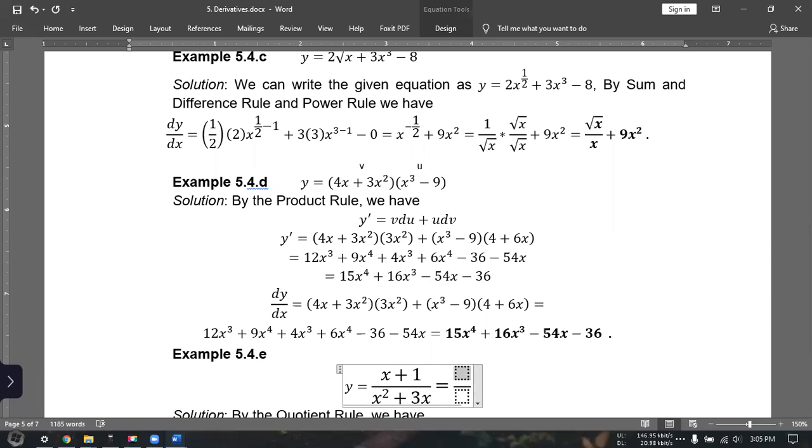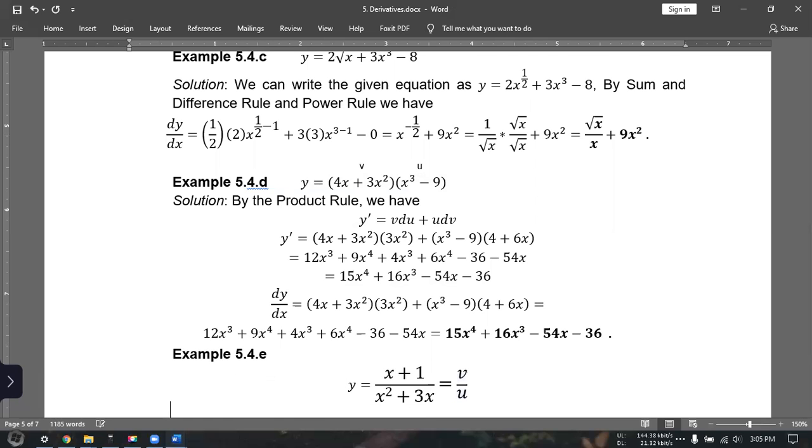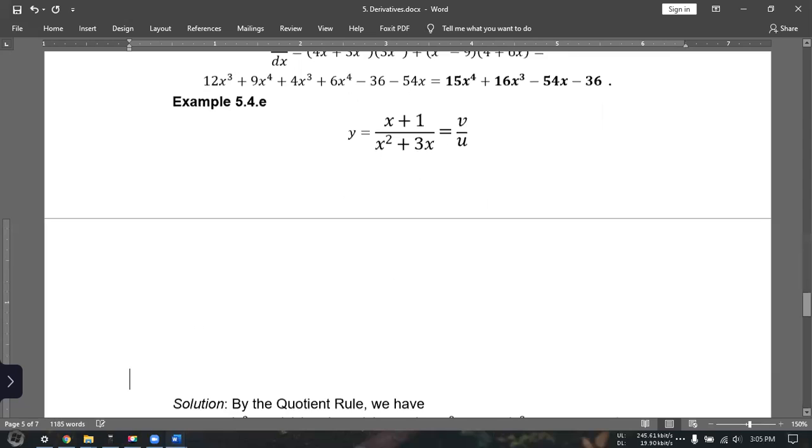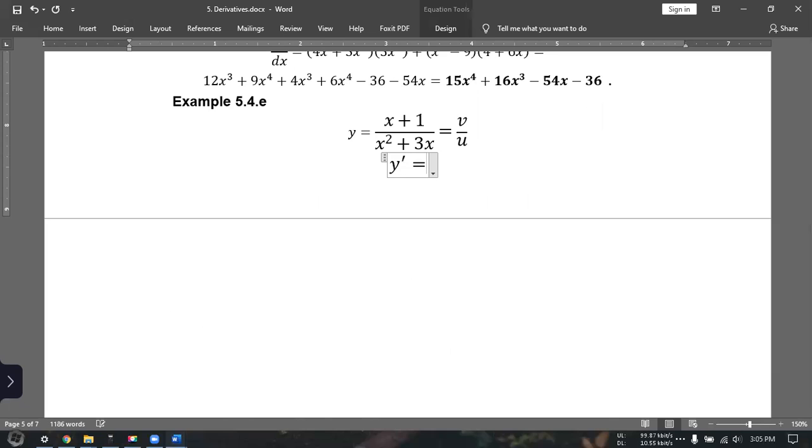Let the numerator be v and the denominator be u, so it is v over u. So that the derivative now is following the definition of the quotient rule: denominator times derivative of numerator minus numerator times derivative of denominator, over denominator squared.